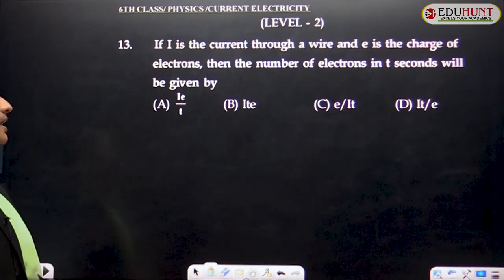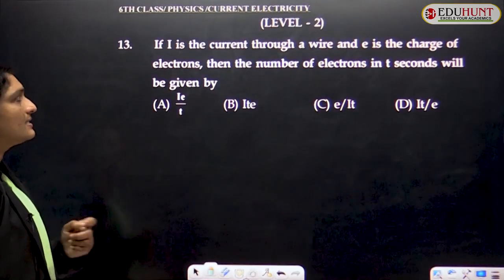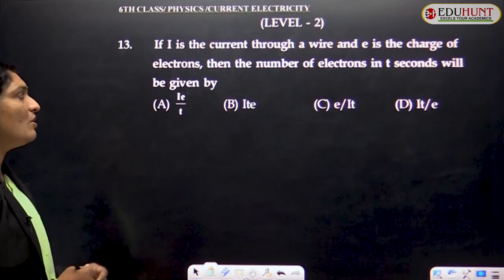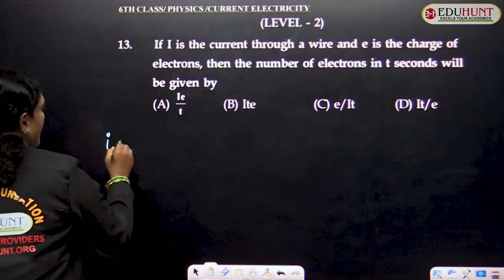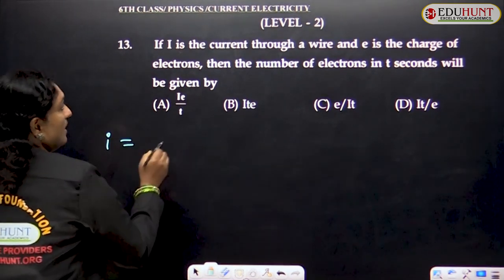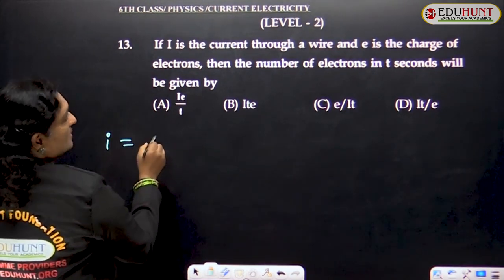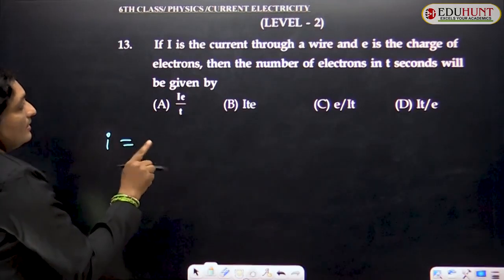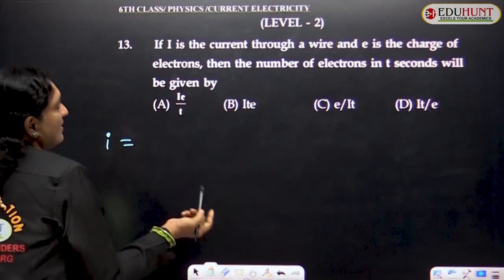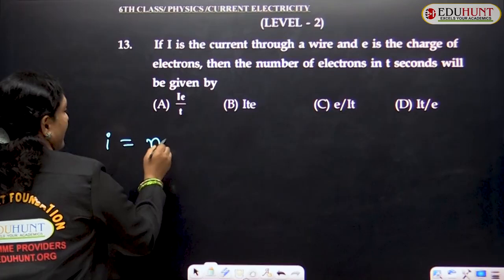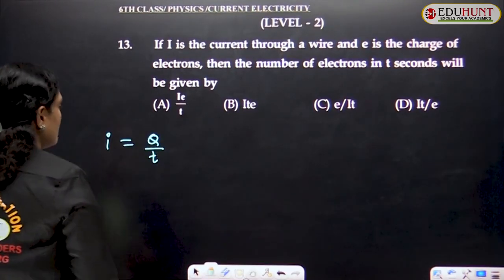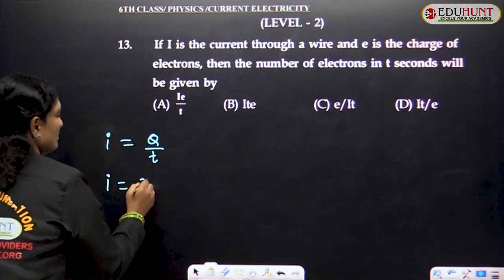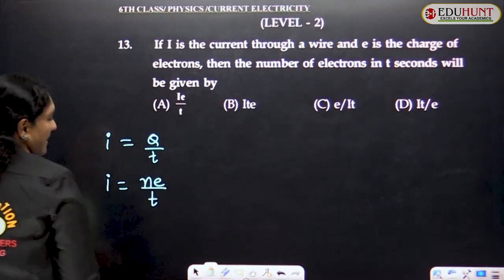If I is the current through a wire and E is the charge of an electron, then the number of electrons in t seconds will be. I already told you the formula, children. Current I is equal to charge upon time, I equals Q by T, or I equals number of electrons times the charge of an electron upon time.